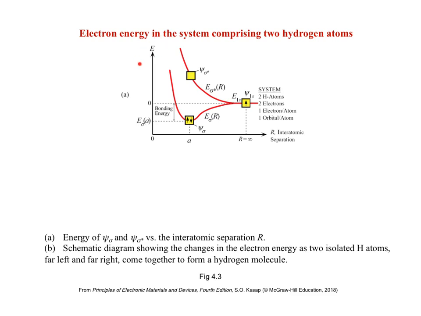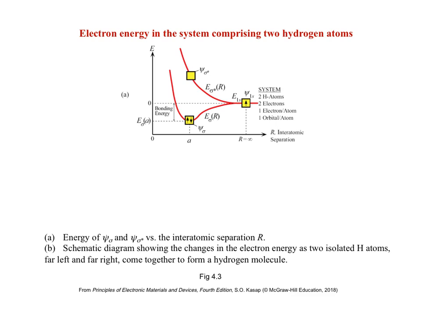Now let's consider the energy of the molecular orbitals as a function of R, the interatomic separation between the two atoms. When R equals infinity, the molecular orbitals are exactly the same as the atomic orbitals, and so the energies are the same as the atomic energies. As the separation decreases, the energy of the bonding orbital decreases because the effective size of the box increases, whereas the antibonding orbital's energy increases because the wave function becomes slightly more wiggly.